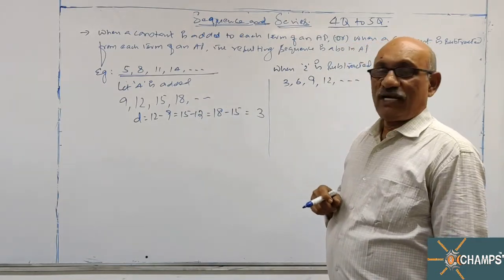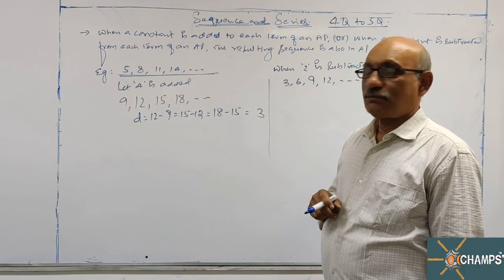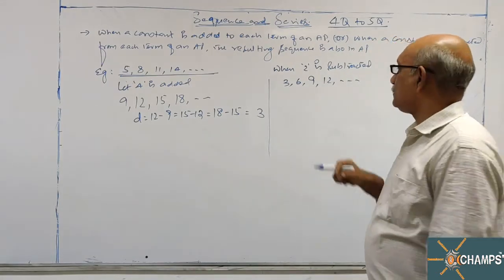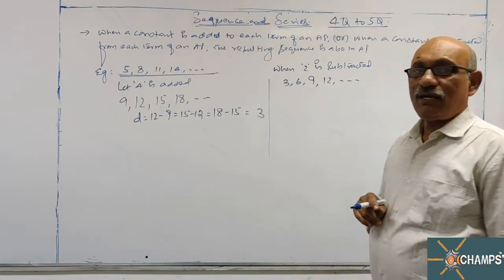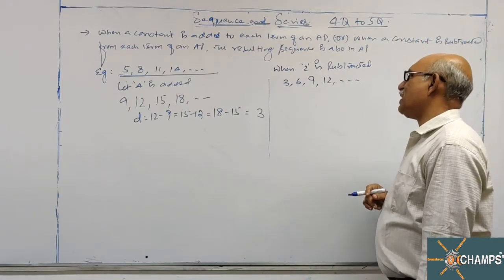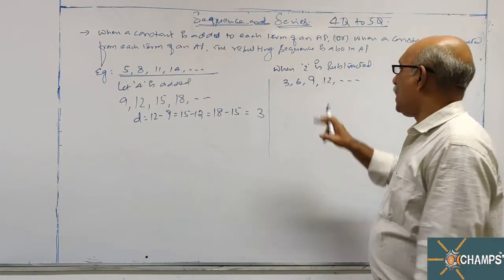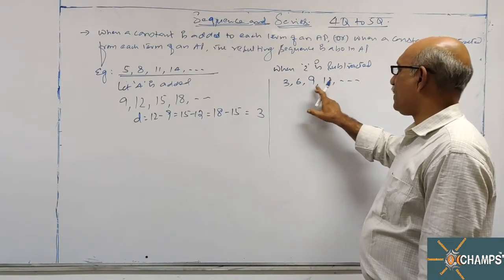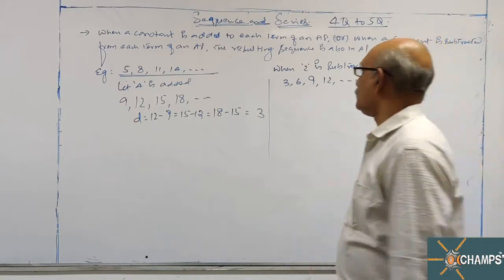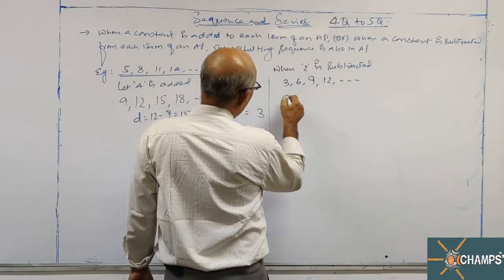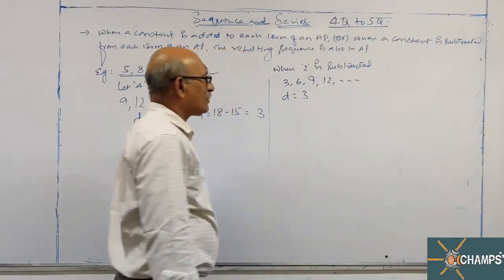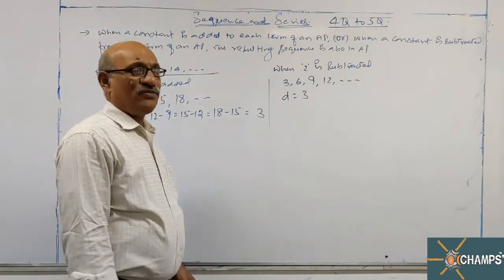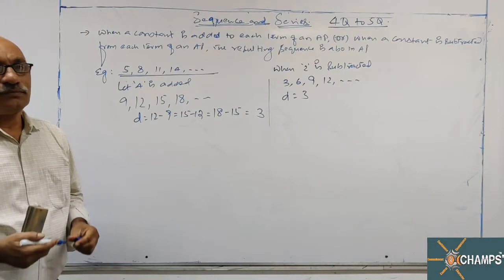I verified whether it is in AP or not. Now I am subtracting a constant. What is the new sequence obtained? 3, 6, 9, 12, etc. Now 6 minus 3 is 3, 9 minus 6 is 3, 12 minus 9 is 3, etc. Here also common difference is same. Therefore this sequence is in arithmetic progression.